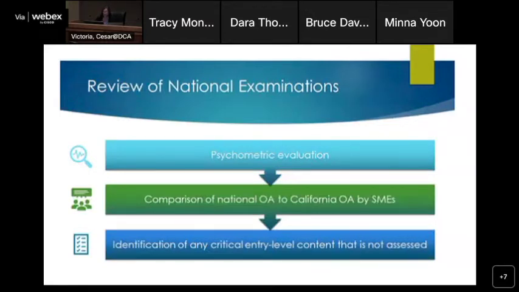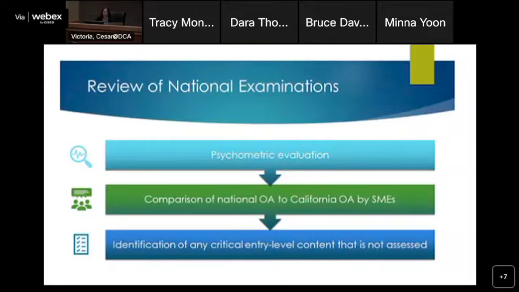So as we do a national examination review, and again, we do this for many of our boards, Board of Psychology, Accountancy Board, I could go on, but there are many boards that we do, healing arts versus non-healing arts. We take a look at their examinations, and there are three primary components. First, a psychometric evaluation, which simply means looking at the testing components.